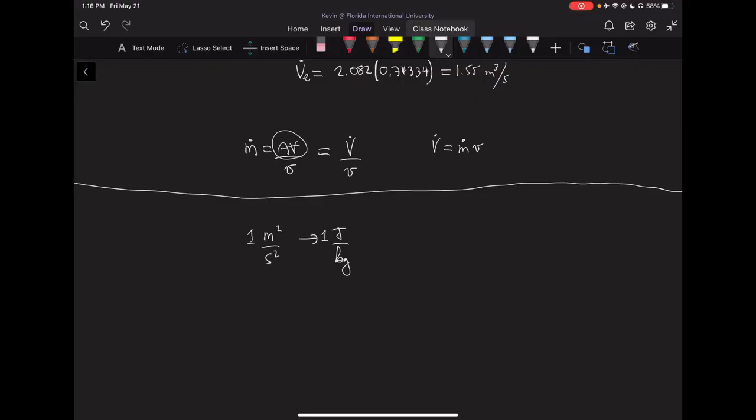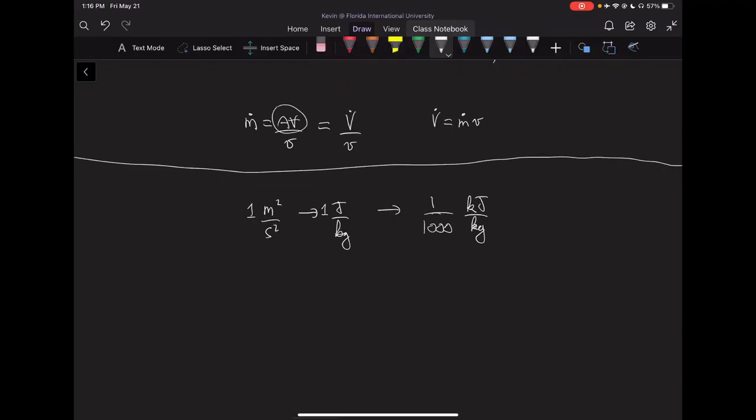And in order to convert that 1 joule per kilogram to kilojoules per kilogram, we had to say that 1/1000th of this is equivalent to 1/1000th kilojoules per kilogram, and we applied that correction factor. Now, we're going to be using this correction factor a lot, and you can just remember the correction factor, or you can actually understand where it's coming from. So where does it come from? Well, it comes from the following.